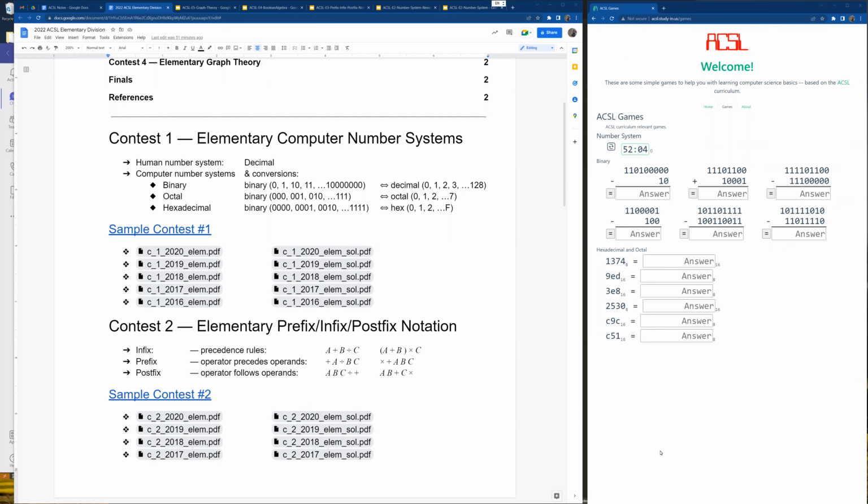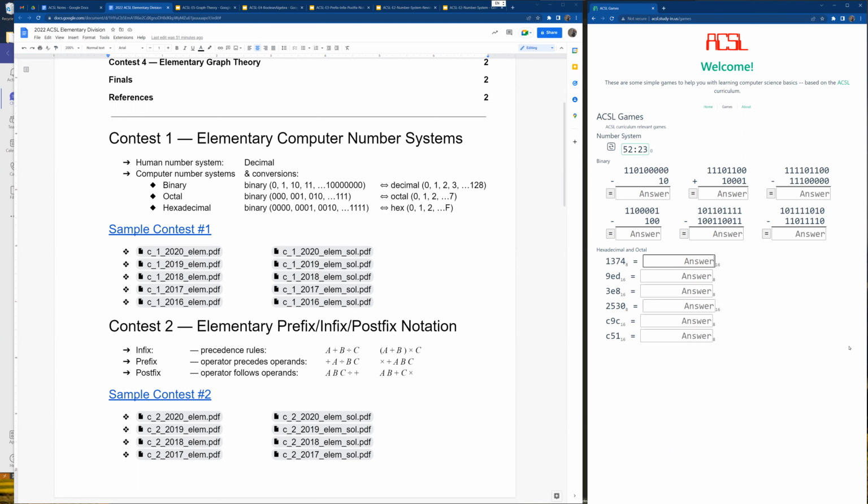Number systems, right? I'm going to use this game that I threw online to show a little bit how these things are done. To me, I think it is an easier way.